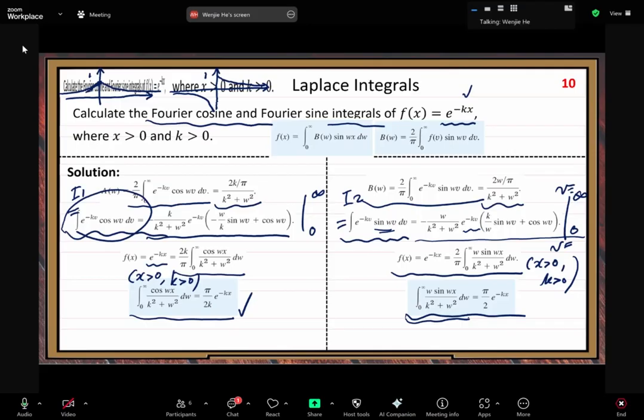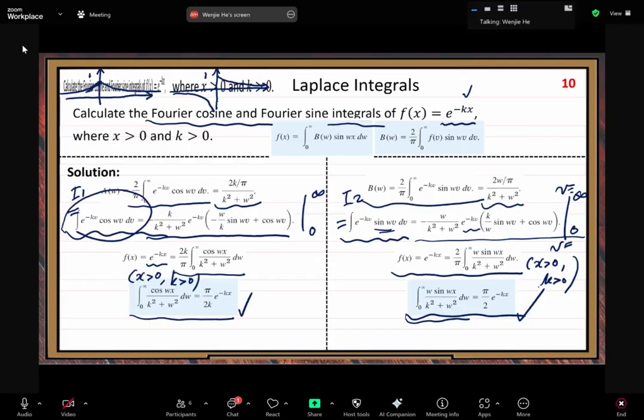So here we apply the Fourier sine and Fourier cosine integral formulas, so we can prove these two relatively complicated formulas. So we complete this topic, the Fourier integral topic.